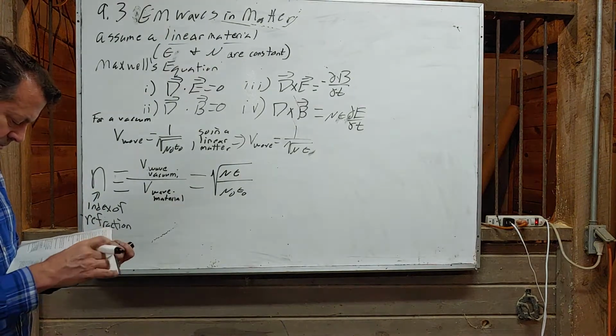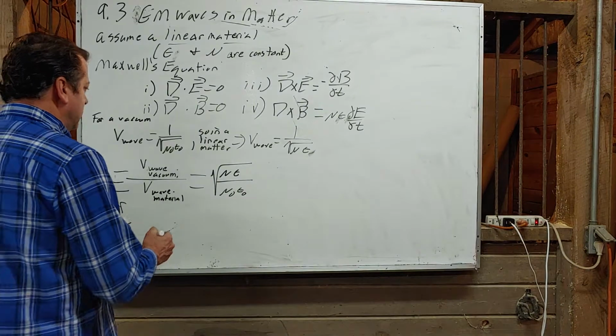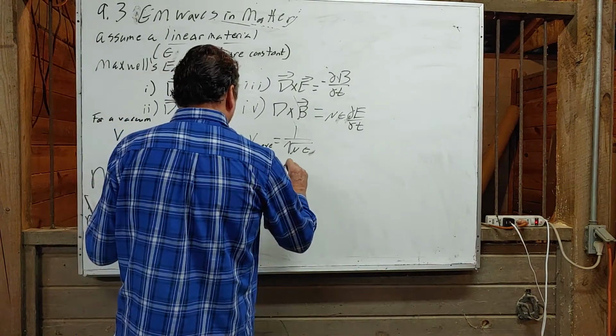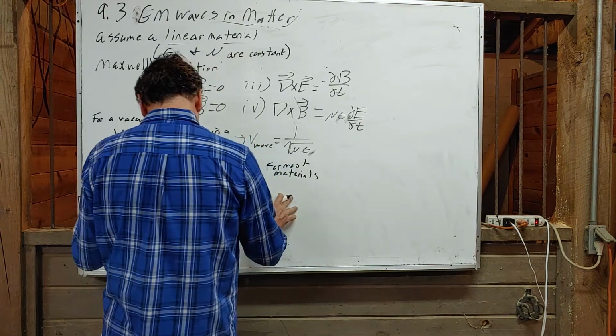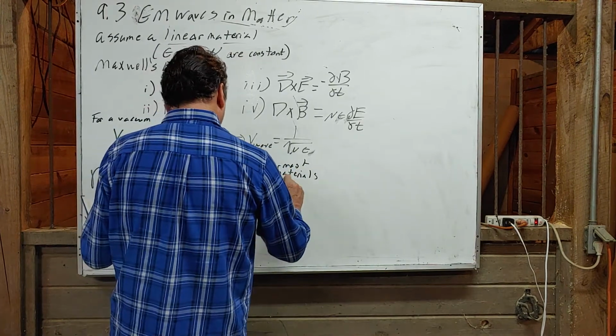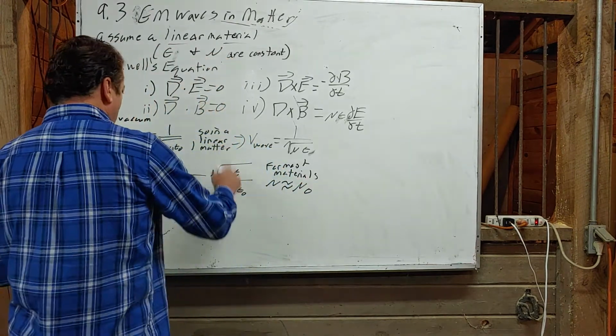Now, it says here, for most materials, mu is approximately equal to mu naught. So that's just 1.